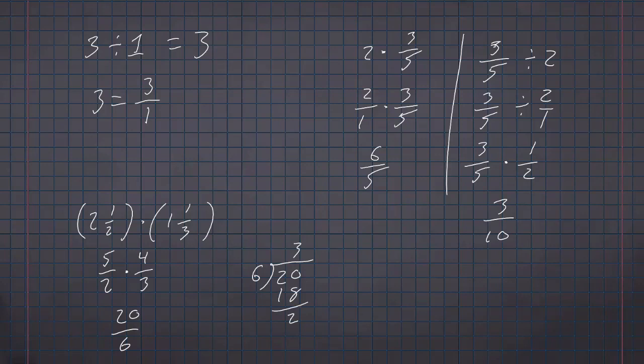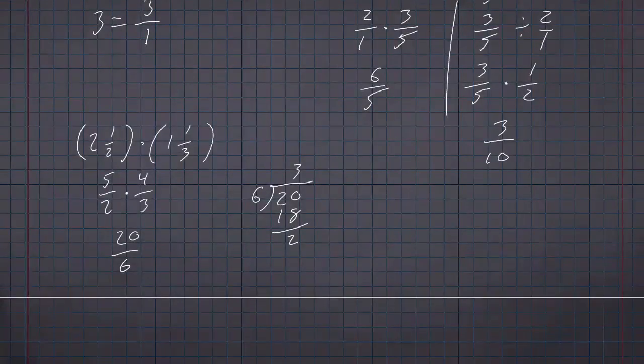Subtract that off, you get 2. So 20/6 is the same thing as, I'm running out of space here, 3 2/6. But that fraction reduces and can be written as 3 1/3.